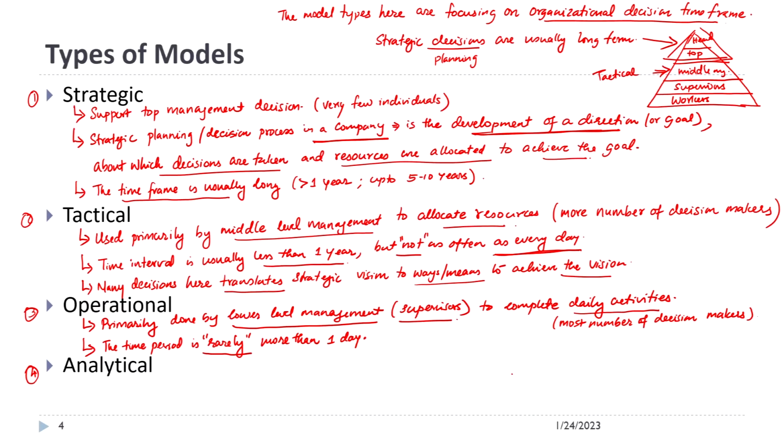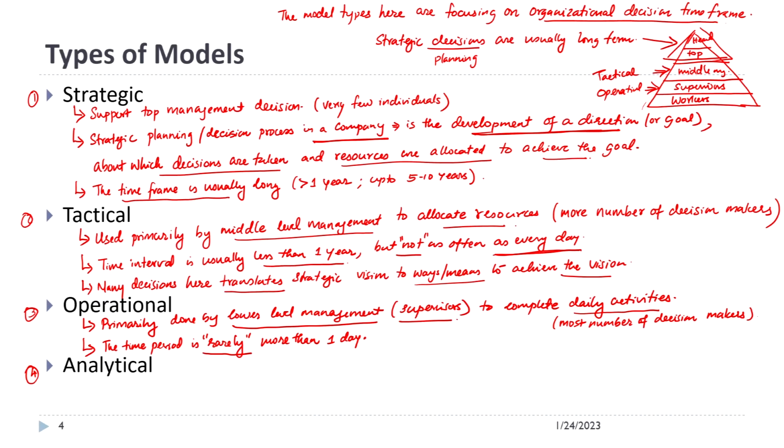So, these are the three major levels of decisions when you look into the corporate pyramid. So, the supervisors are the ones who do the operational models. So, they make the operational decisions. So, the strategic models support the strategic decision making. Tactical models will support the tactical decision making, and operational models will support the operational decision making.